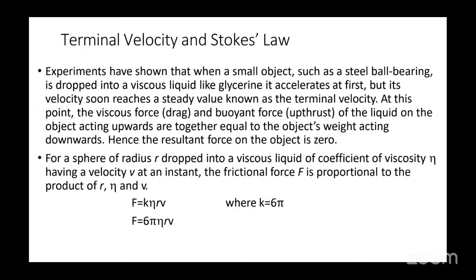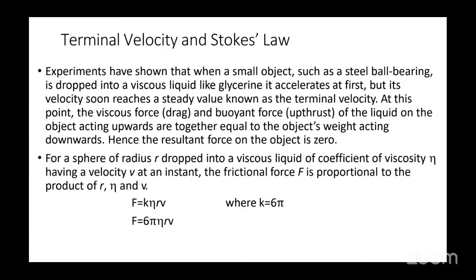So now when the speed becomes constant and acceleration becomes zero, the speed at which the object is moving through the fluid is called the terminal velocity. So we have three forces that are operating on this object as it's going down.